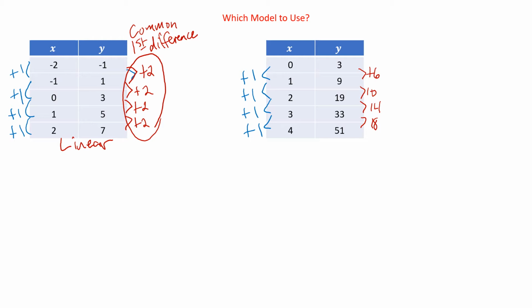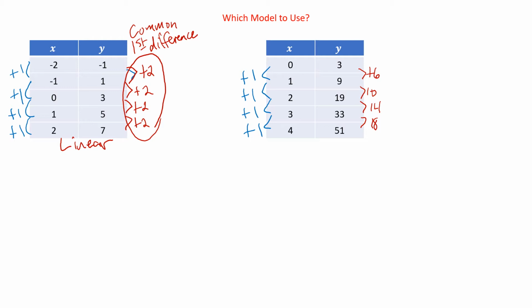So you could do it with subtraction, or you could think, all right, 3 plus what is 9? 9 plus what is 19? 19 plus what is 33? It's the same thing. So we have 6, 10, 14, and 18. What we should notice here is that these are not all the same. Well, what would we do there? We're going to find the second differences.